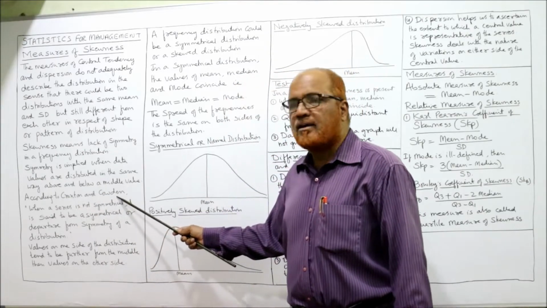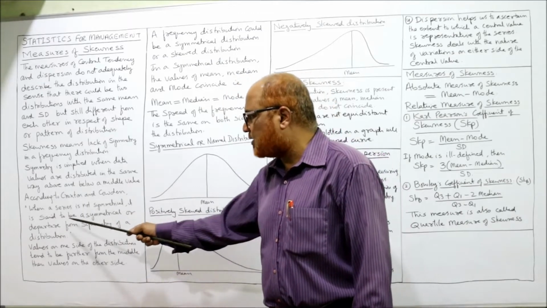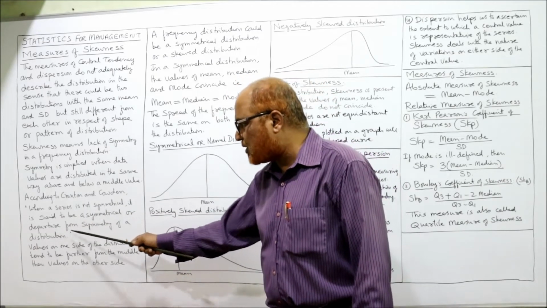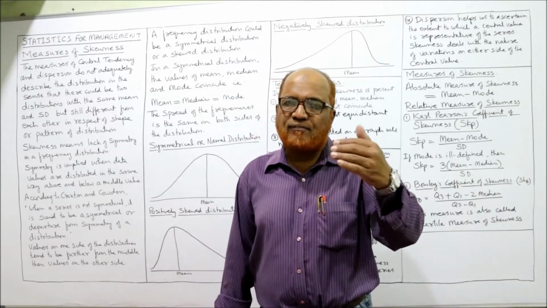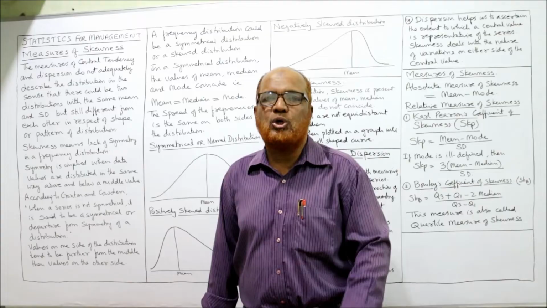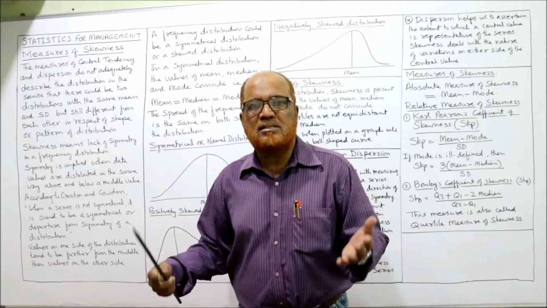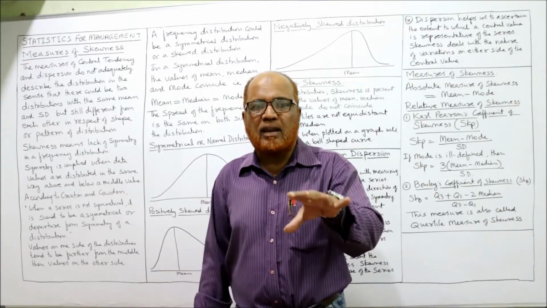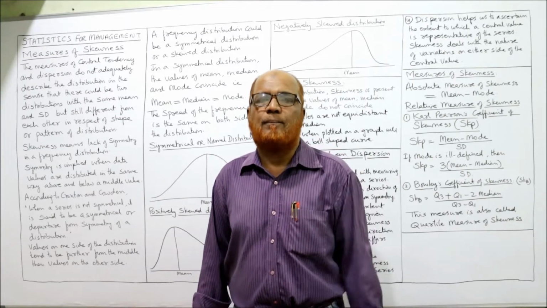According to Croxton and Cowden, when a series is not symmetrical, it is said to be asymmetrical or departure from symmetry of a distribution. If there is lack of symmetry, it is called skewed or asymmetrical data. In real practice, this thing only will happen. Very rarely we will come across where the data is symmetrical.